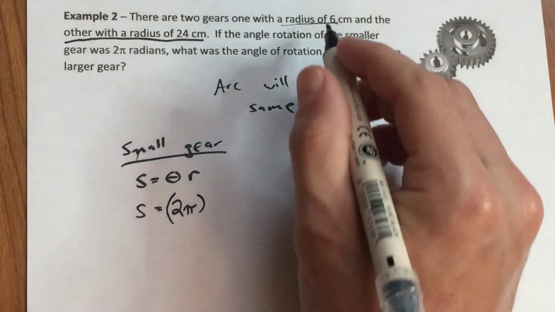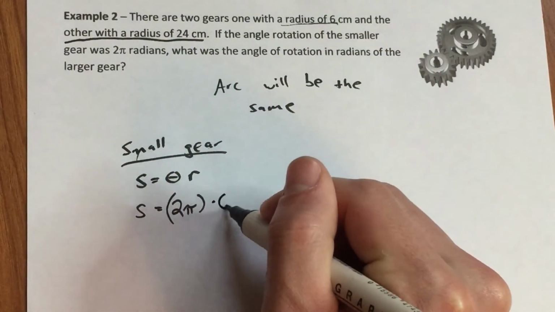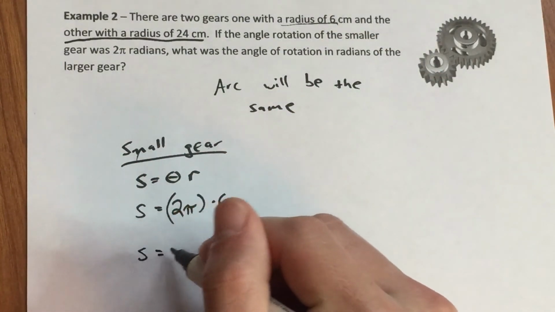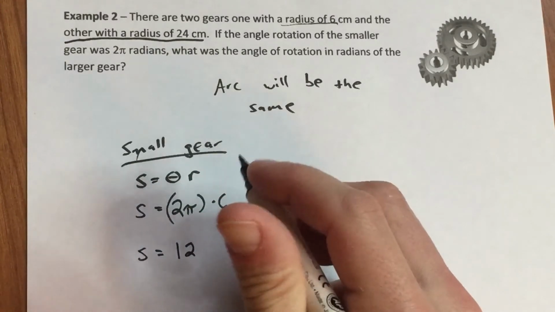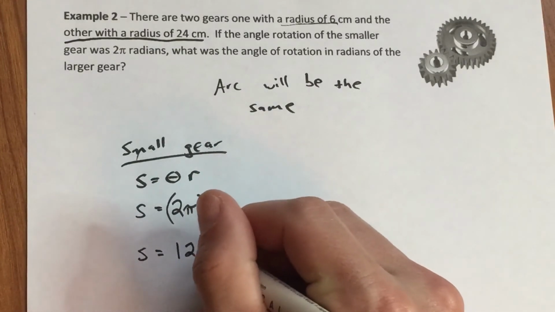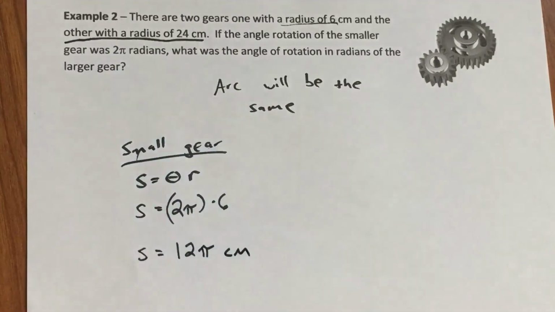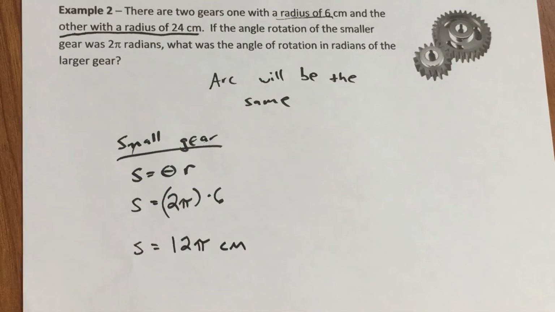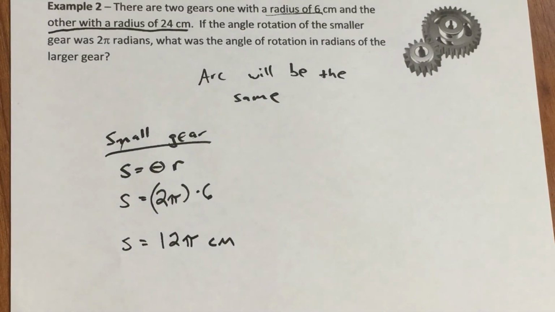And we know my radius, 6. So my arc length is 12 pi centimeters. I'm not going to round for this one because this isn't really my answer. When we're going to round, we'd round at the end. But my arc length of the small gear is 12 pi centimeters.